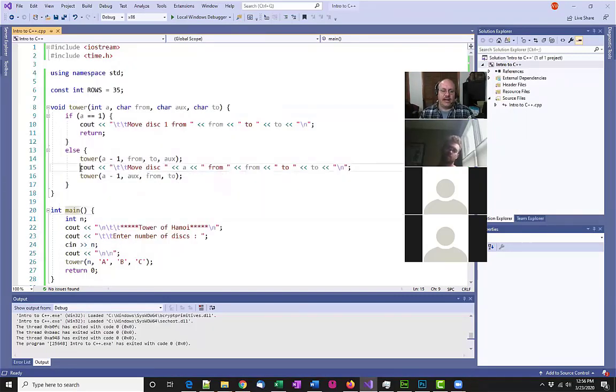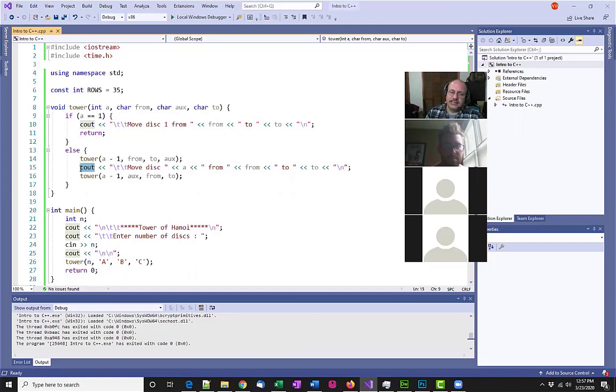Now, every time we have a cout function or any type of input-output, no matter what your language is, so if you did console.writeLine in C#, or console.log in JavaScript, your input-output is almost always going to be your slowest process to execute in a program. So whether you're going to write this to a file or write this to the screen, that's going to slow your application way, way down.